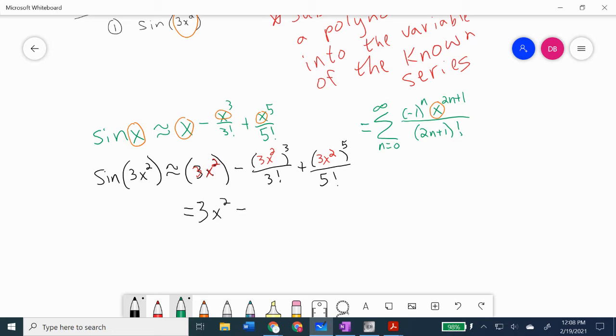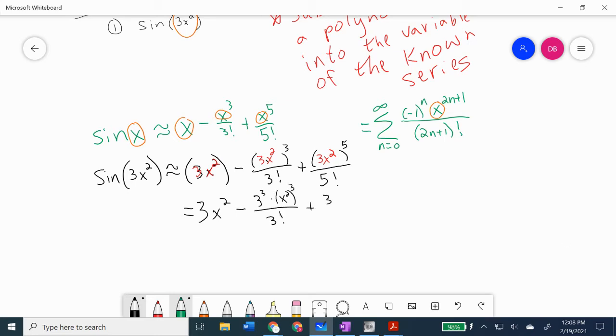So when I have multiplication under an exponent, because exponent is repeated multiplication, I can use a distributive property. I can distribute an exponent over multiplication, giving me 3 cubed times x squared cubed.